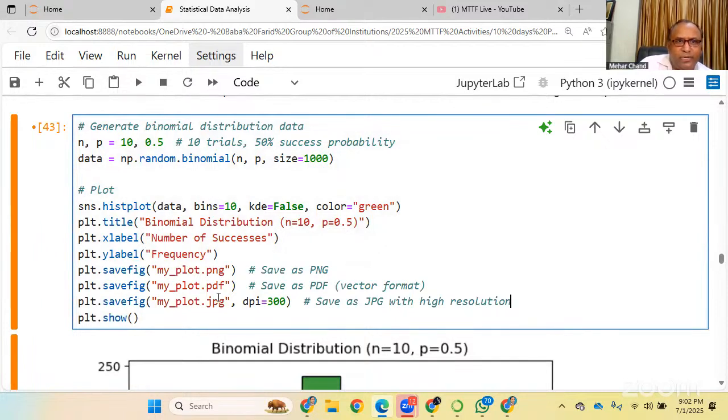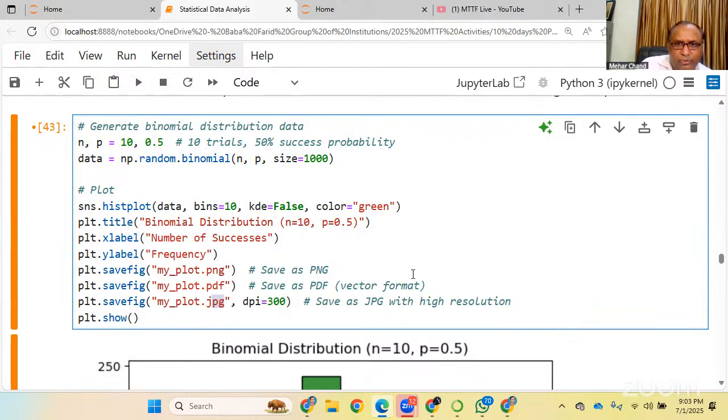If you want to save your image in PNG format, then you will use this statement, plt.savefig, and here you will give the name of the file. If you want to save in PDF, you only need to change the extension. And if you want to save the file as JPG with DPI 300, this will improve the quality, high resolution. According to that, you can change the DPI.